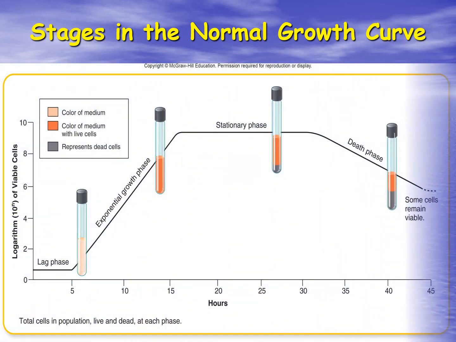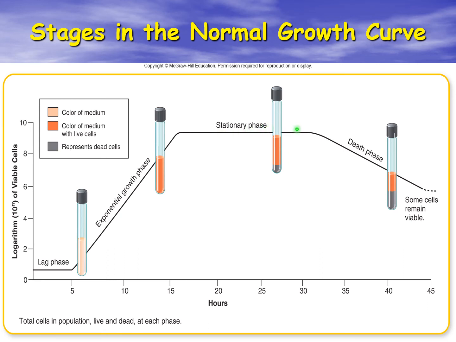So here's our normal growth curve. Again, that lag phase is that short period of time usually where the cells are acclimating to their new environment, they're getting busy and doing metabolism and getting ready to undergo binary fission. Once that happens, they then begin to grow exponentially until the nutrients begin to be used up and waste products begin to accumulate, and then we enter that stationary phase.